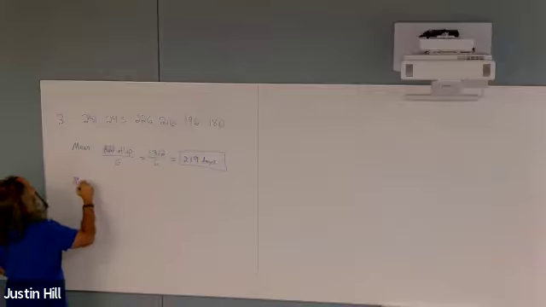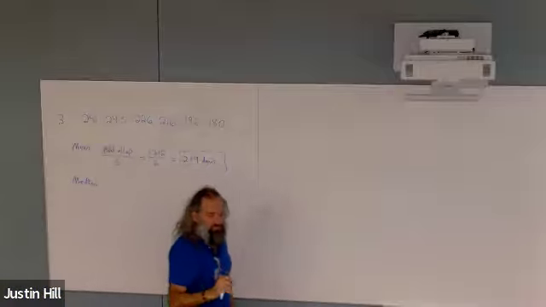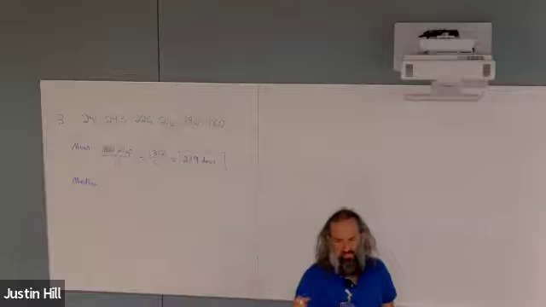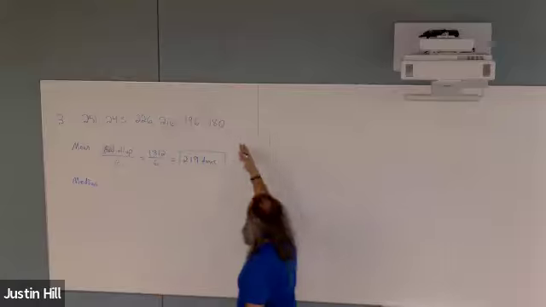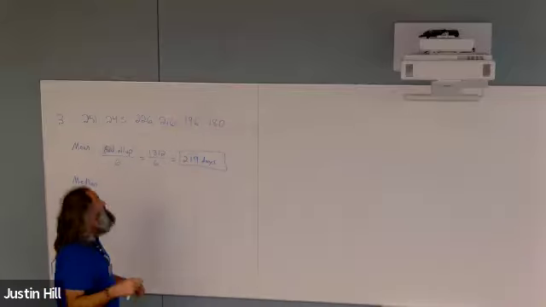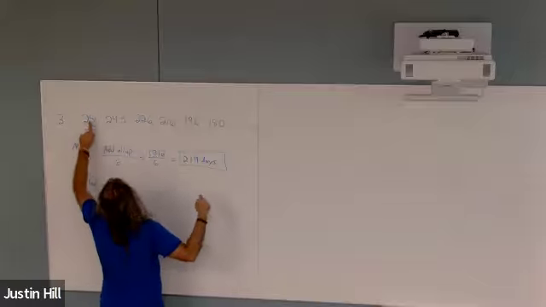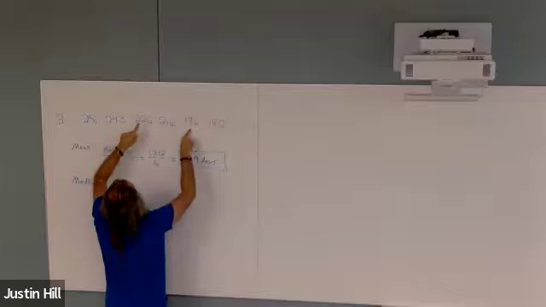Let's talk about median, or let's try to figure out the median. We did median on the last problem, and you guys did it easy enough. You listed it from least to greatest and found the middle. Notice here we have it listed from least to greatest, so let's find the middle. I'm going to knock off the largest and the smallest, and then the largest and smallest left over.